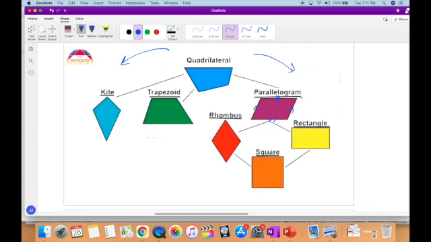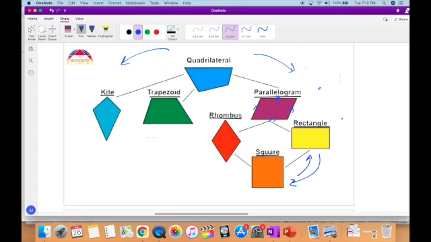Let me ask you something. Is a square a rectangle, or is a rectangle a square? What do you have to have when you have a rectangle?